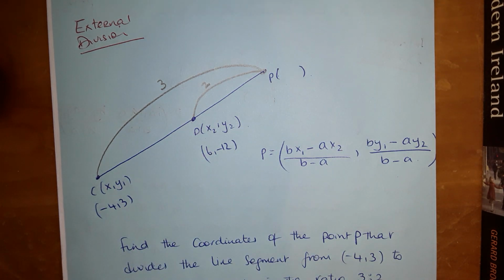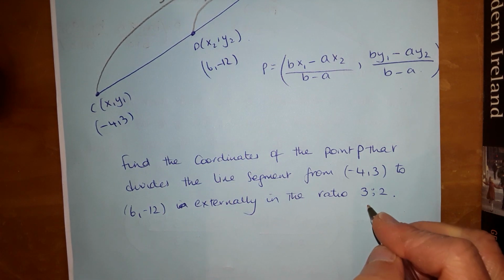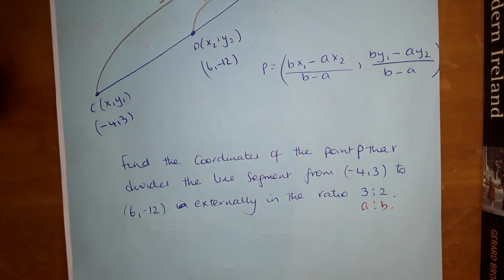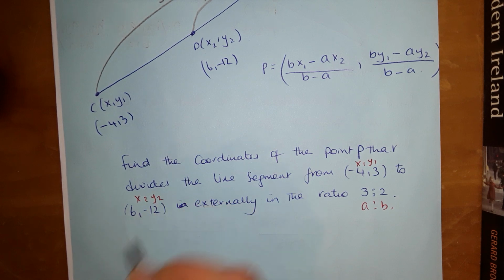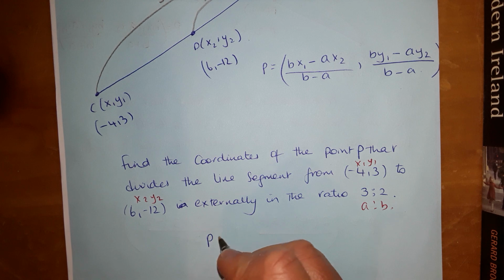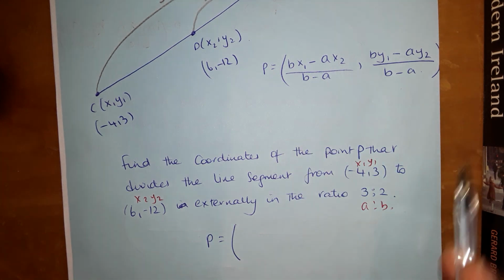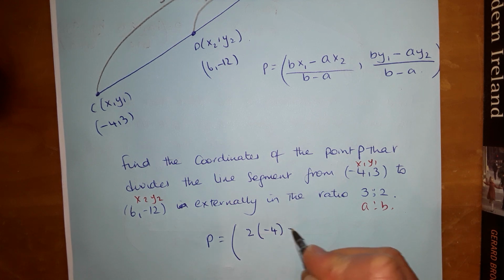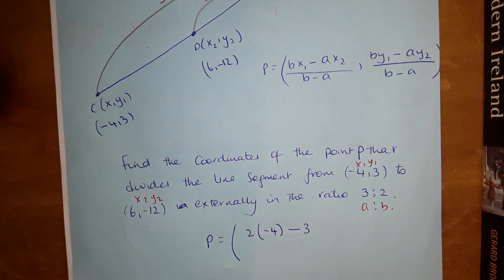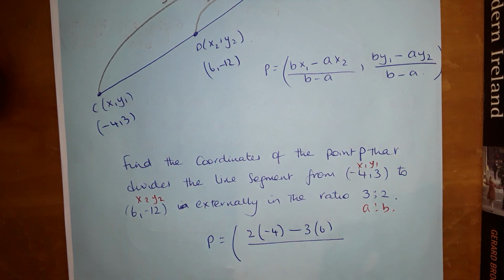So we use our formula again. This time, again, I have my two values, and a is 3 and b is 2. And my points x1, y1, x2, y2. Filling it into the formula up here to find the external divider P. So P is b, which is 2, x1, which is minus 4, minus a, which is 3, x2, which is 6, all over b minus a, 2 minus 3.